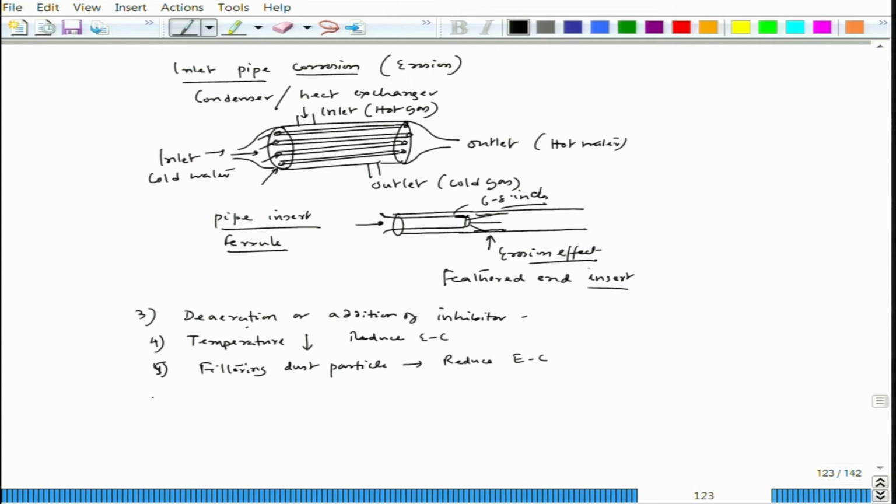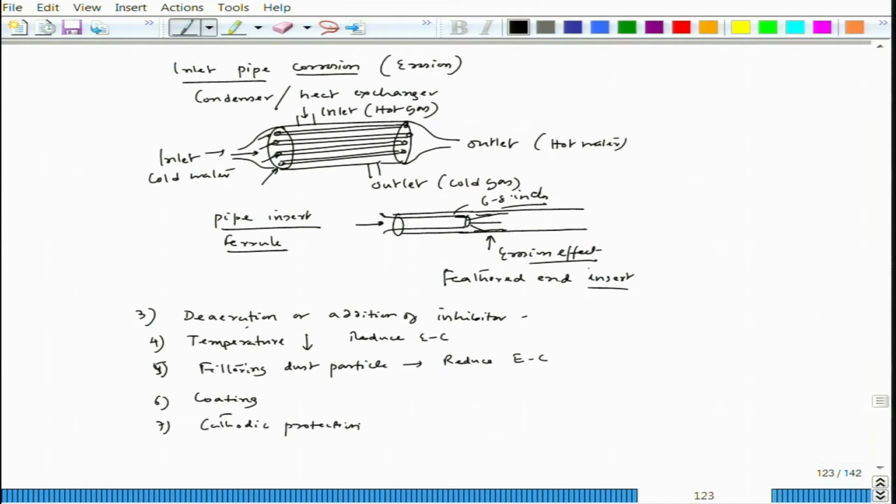Okay. People can think of coating, hard coating, an adherent hard coating can reduce the erosion corrosion effect. Now, seventh, people can think of cathodic protection. Okay.